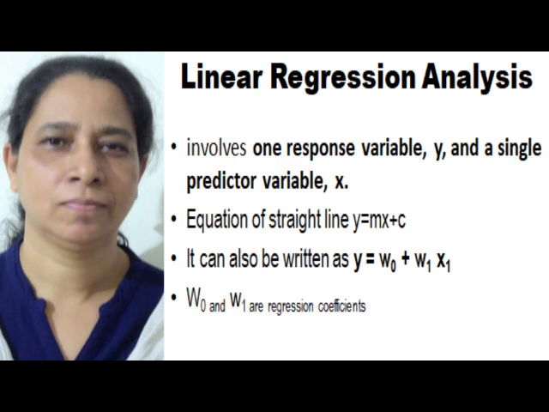The constants m and c can also be thought of as weights, so that we can equivalently write y = w0 + w1x. w0 and w1 are also known as regression coefficients. Hence, our problem is to identify the equation of the line by finding out these coefficients.